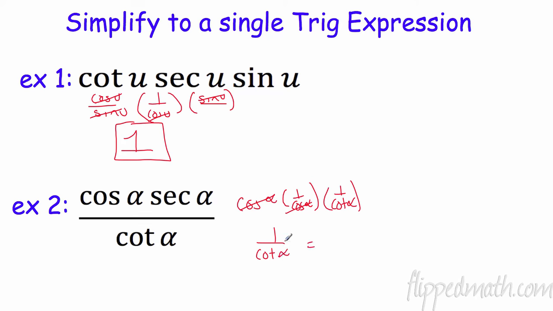And I know from earlier that 1 over cotangent alpha is tangent. And there is our single trig expression. So right now, just take a look. I'm just manipulating these with algebra, things I know, facts I know, changing it all into sine and cosine, and then working it down to a single expression.